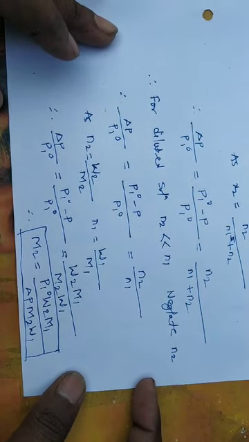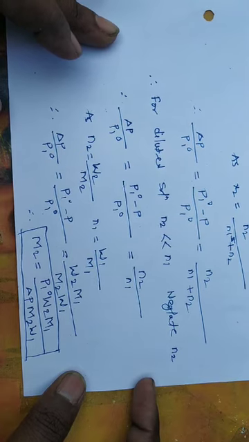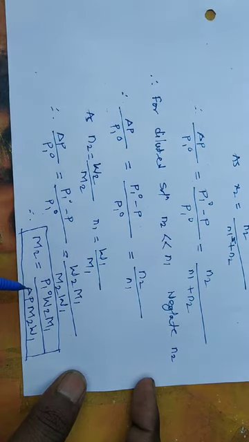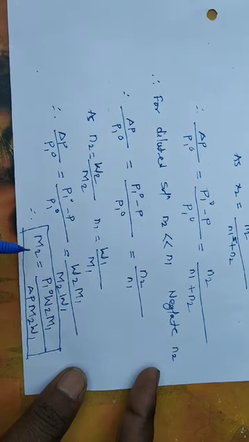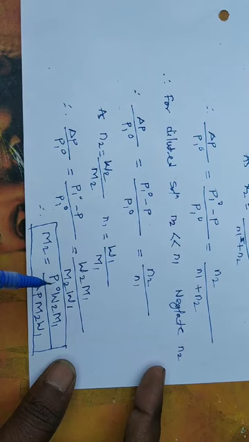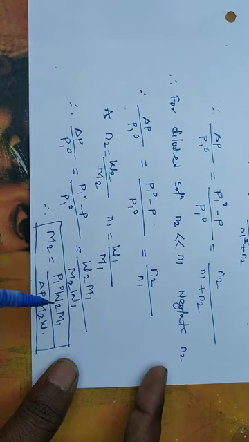As we have to derive the relationship between the molar mass of the solute and the lowering of vapor pressure, therefore M2 is equal to P1 naught W2 M1 divided by delta P W1. Here M2 is the molar mass of the solute, P1 naught is the vapor pressure of pure solvent, W2 is the weight of the solute, M1 is the molar mass of the solvent, delta P is the change in vapor pressure, delta P is equal to P1 naught minus P, and W1 is the mass of the solvent.